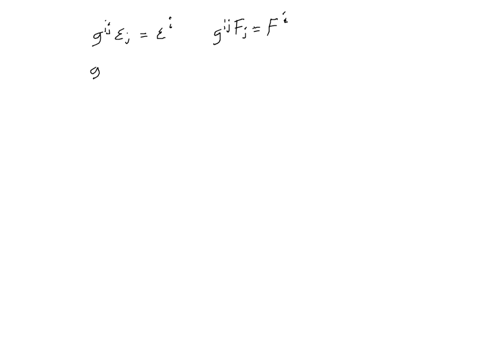And then I can do the same thing to lower it. If this is epsilon j, I have a Gij here, this becomes epsilon i. If I have Gij acting on the contravariant, then it becomes covariant. Oops.